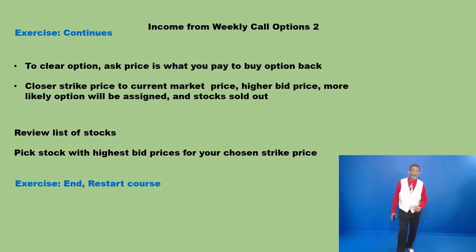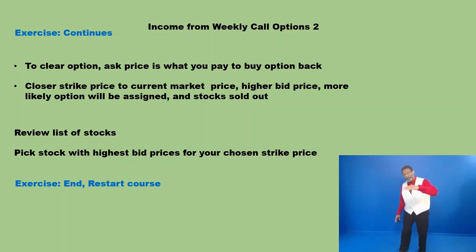Keep in mind, the closer the strike price is to the current market price, the higher the bid price, and the more likely that option has the possibility of getting assigned and the stock sold out. So review your list of stocks and pick the stock with the highest bid price for your chosen strike price.